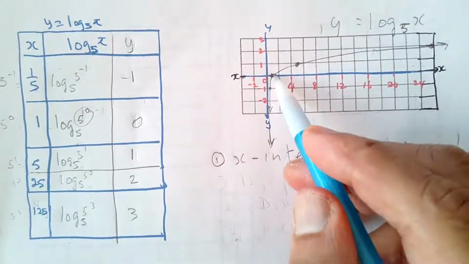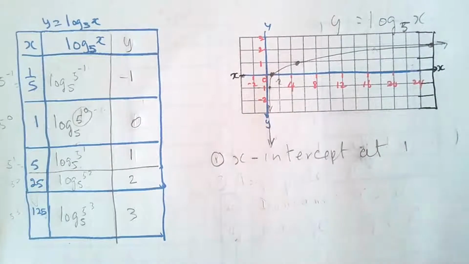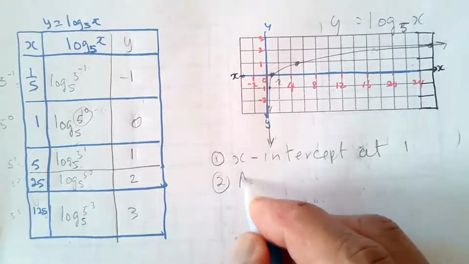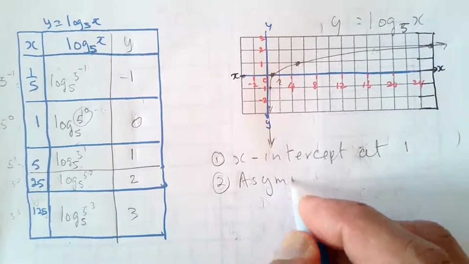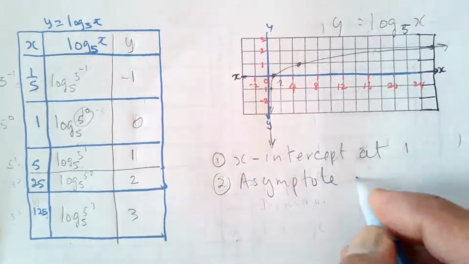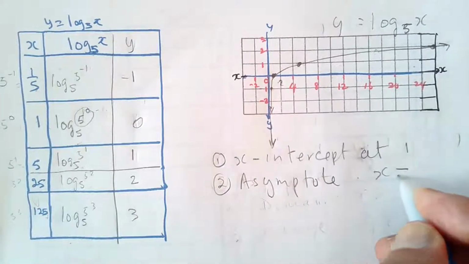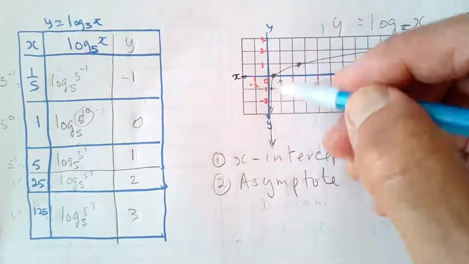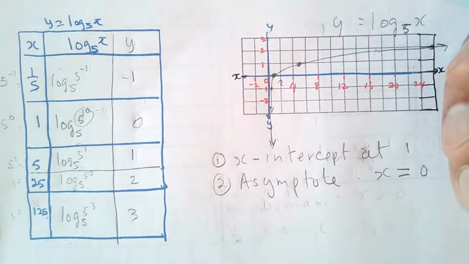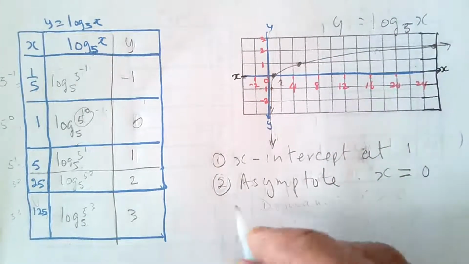So here we have the x-intercept. There's no y-intercept, so therefore we have an asymptote where x is equal to 0. So this is our asymptote here. The graph doesn't touch the y-axis.